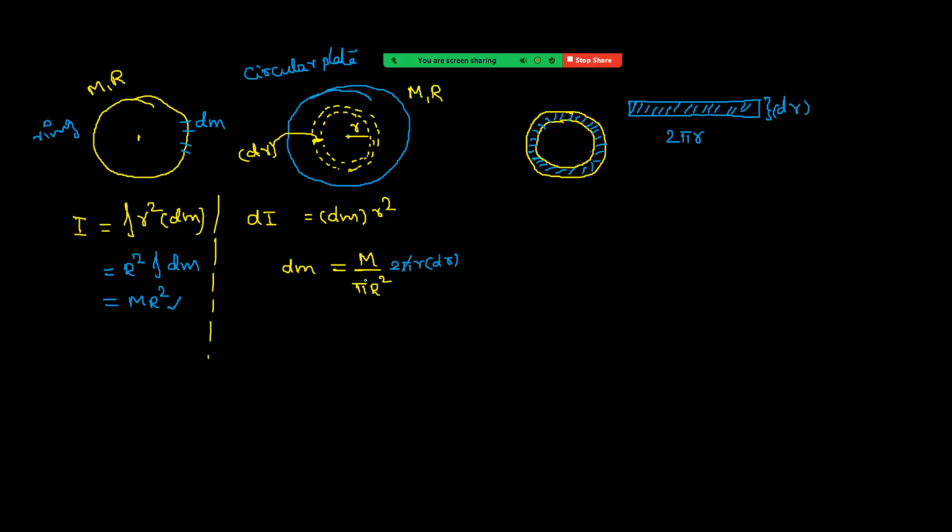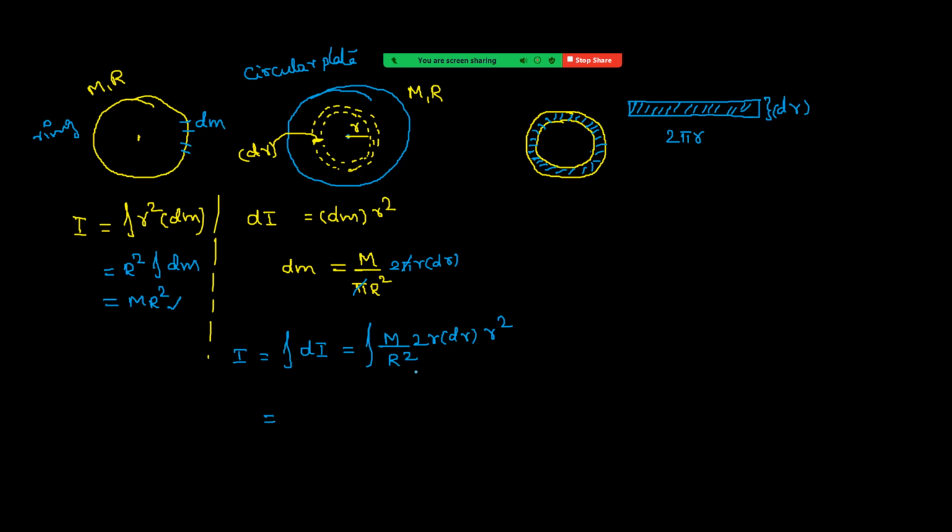So here pi and pi get cancelled. Remaining, we want the I value. So I equals the integration of dI. That is equal to, in the place of dm, substitute M by R square into 2r dr, and into r square.